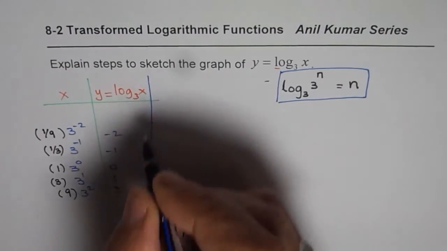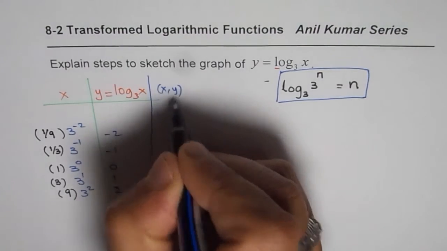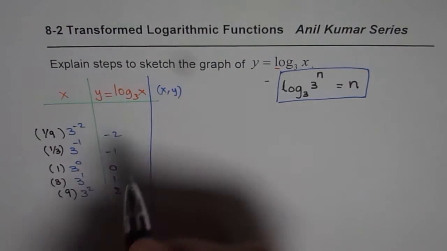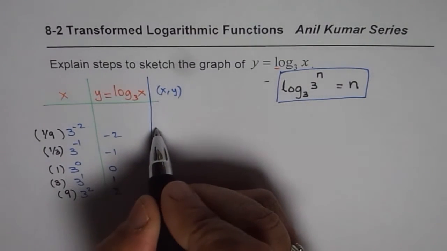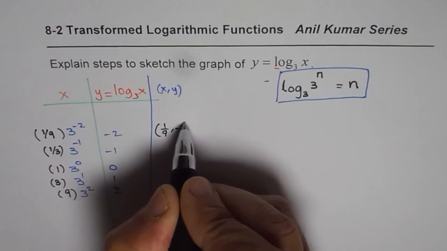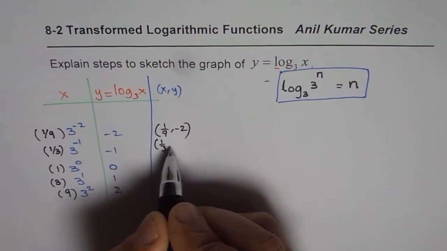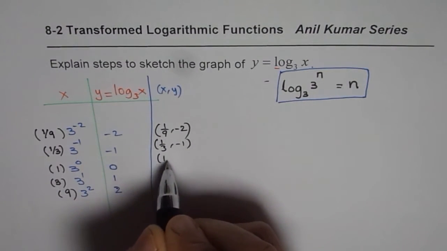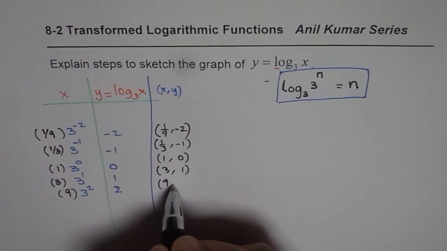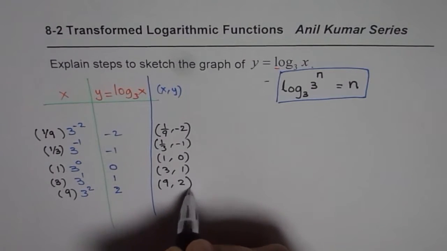Let me write down x, y, the coordinate points very clearly for you so that you can sketch. Let's begin with the first one: 1 over 9 gives me minus 2, 1 over 3 gives me minus 1, 1 gives 0, 3 gives 1, 9 gives 2.